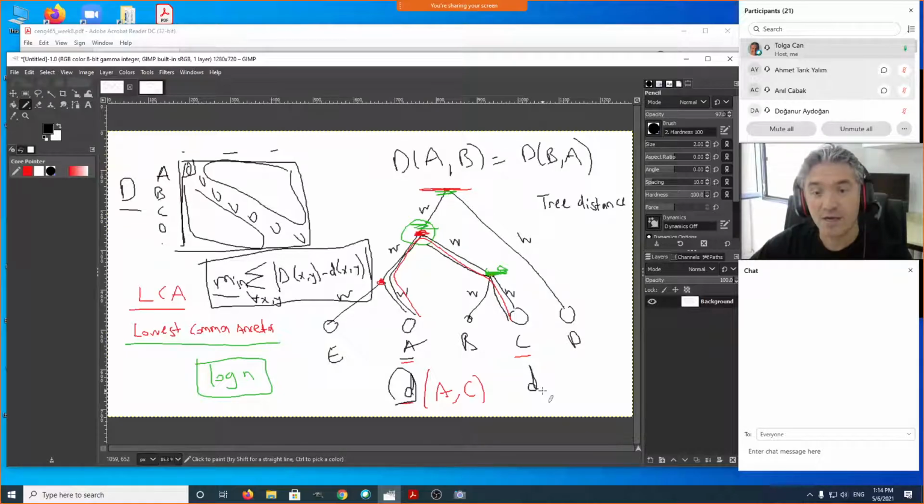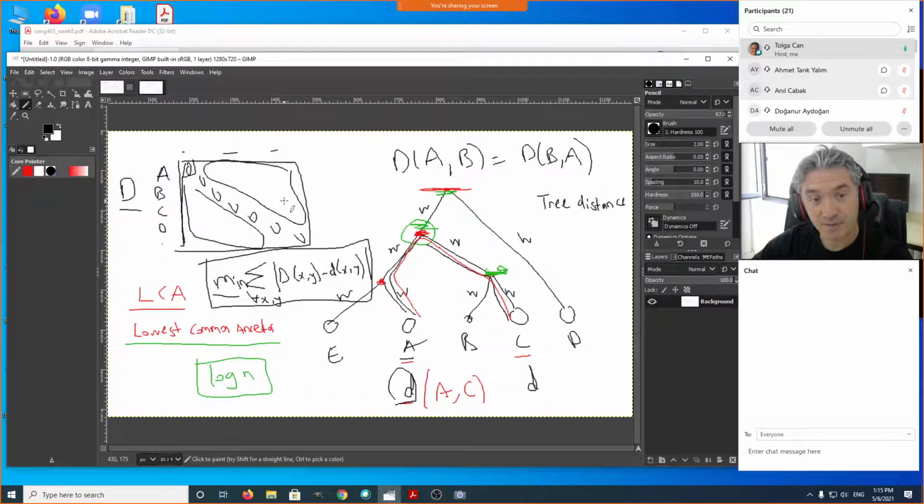The problem is when the given input is not like that, it may be impossible to create such a tree. So what I'm saying is that if the uppercase D is already a metric, it satisfies these properties, there will always be a tree with this distance equal to zero.